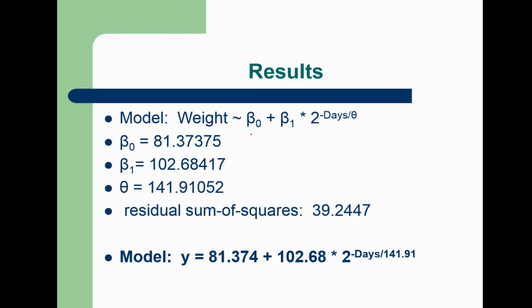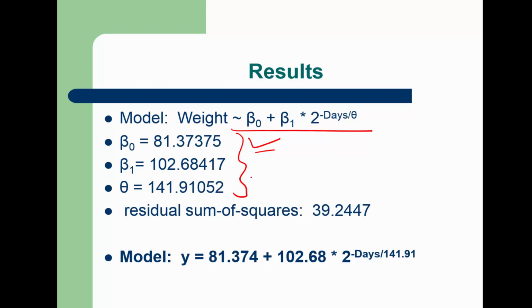So here is the final model that we have with the given data. We have got three parameters in place. Beta naught happens to be 81.37, beta 1 is 102.68, and theta is 141.9. Now you can explain these coefficients from the model the way we explained in the first slide.